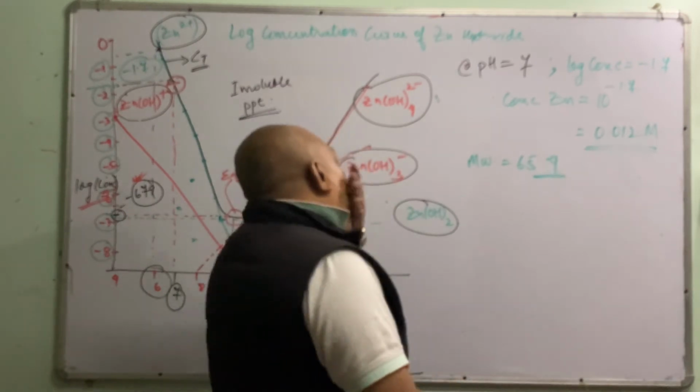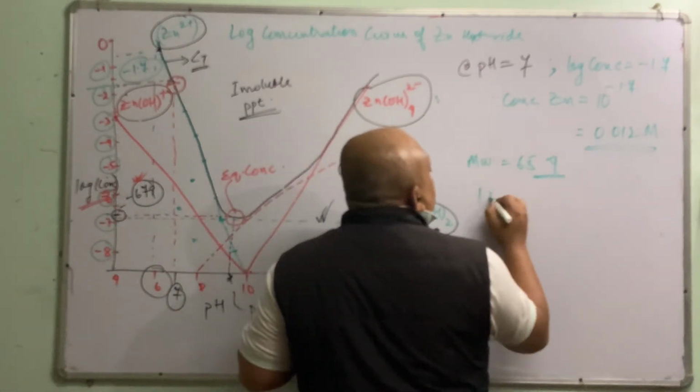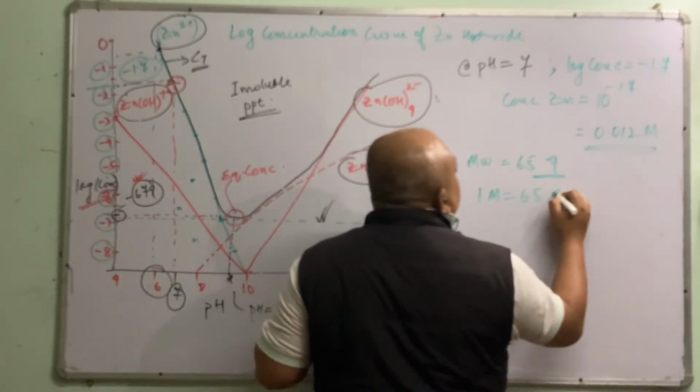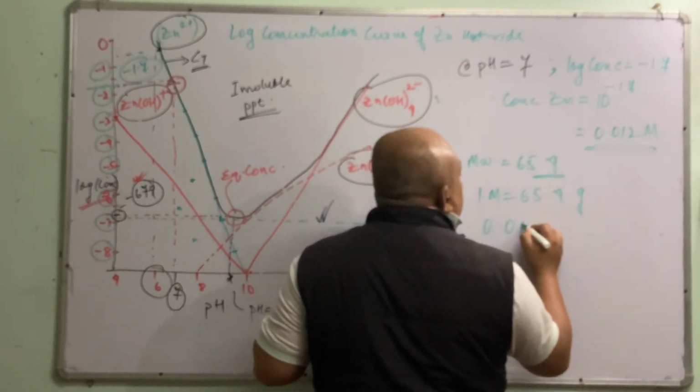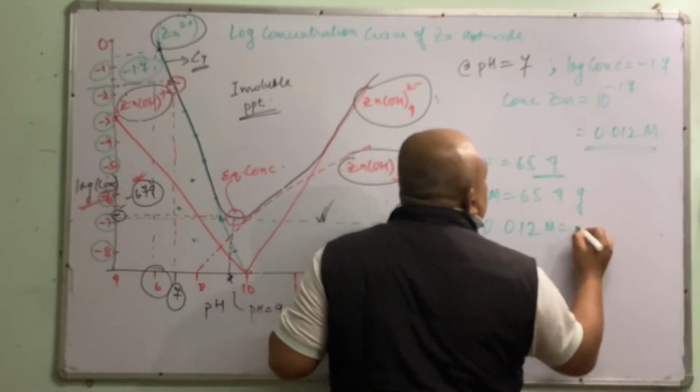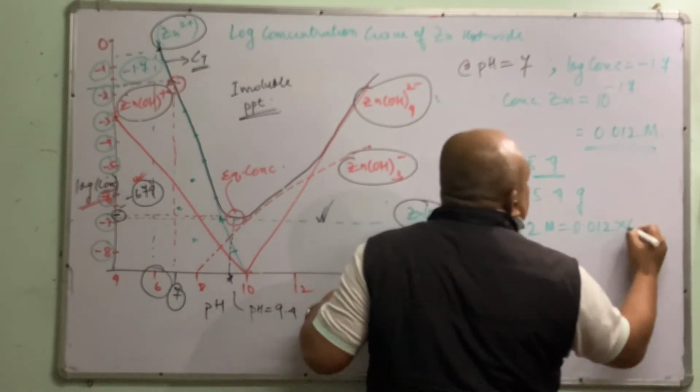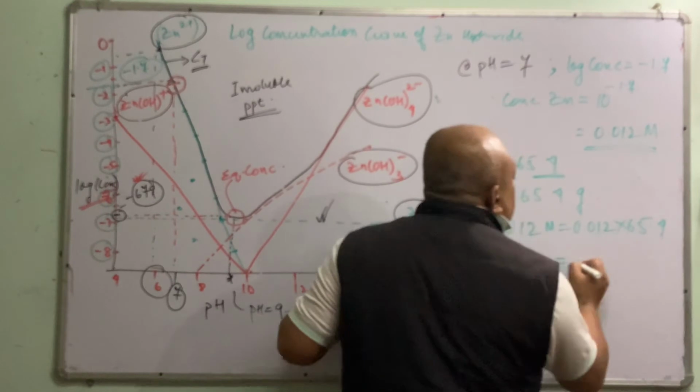Correct? That means 1 mole is equal to 65.4 grams. Therefore, 0.012 moles is equal to 0.012 into 65.4. It's equal to how much?